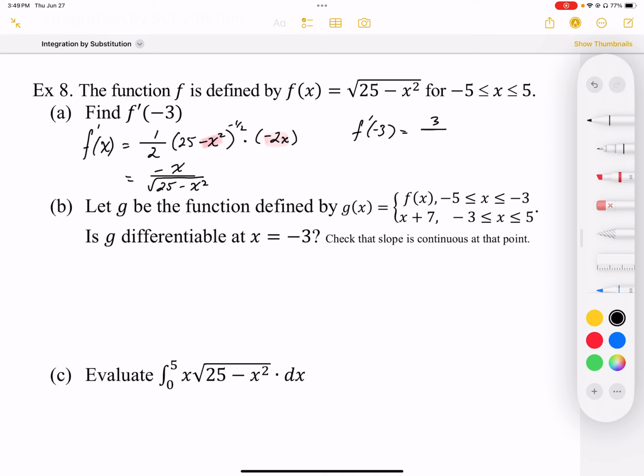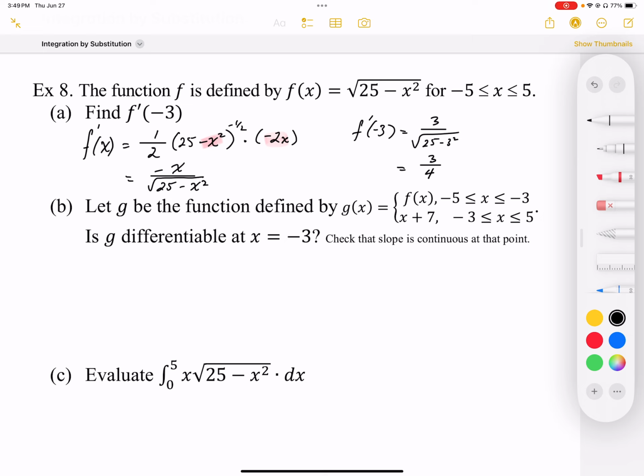So I get +3 over the square root of 25 minus 3 squared. This works out to be 3 over 25 minus 9, which is 16. So I end up with 3 over 4 as my slope.